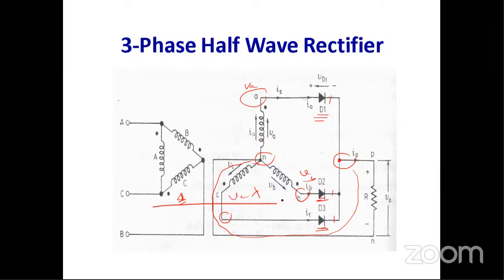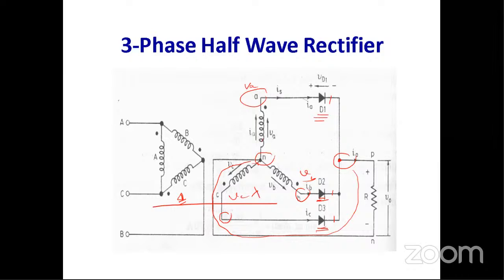When the instantaneous voltage across any diode attains the maximum value, that diode will be in forward bias. So the diode with the highest positive voltage will begin to conduct at the crossover point of the three phase supply.